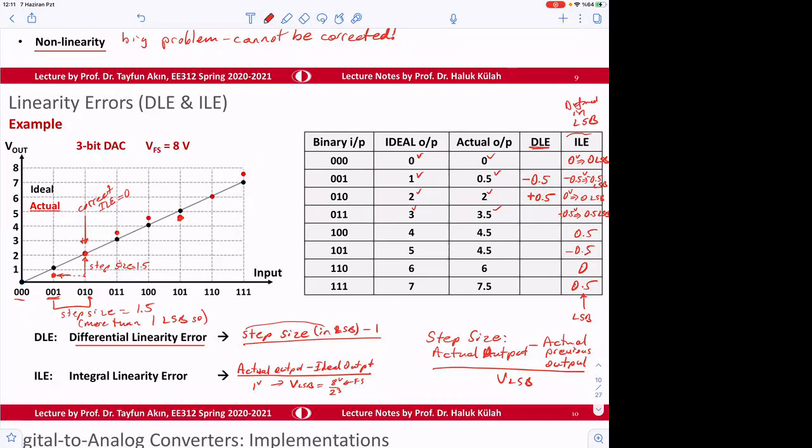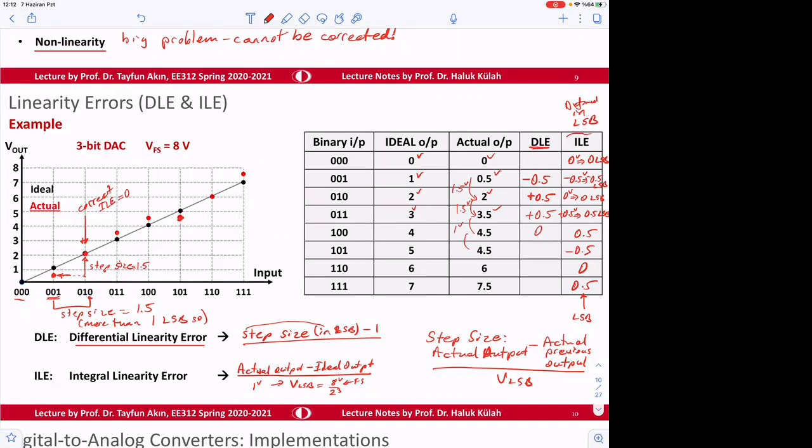From here to here, the jump is 1.5 volt. That means 1.5 LSB. Here to here, it is 1.5 volt, so this is going to be again 0.5. Here to here, this step is 1 volt, so there is no mistake here.